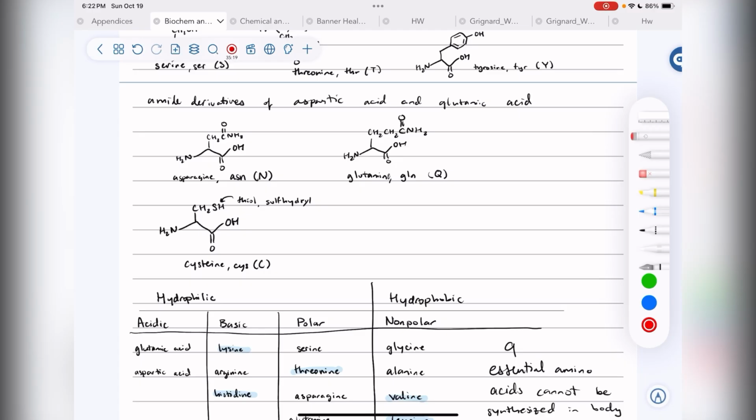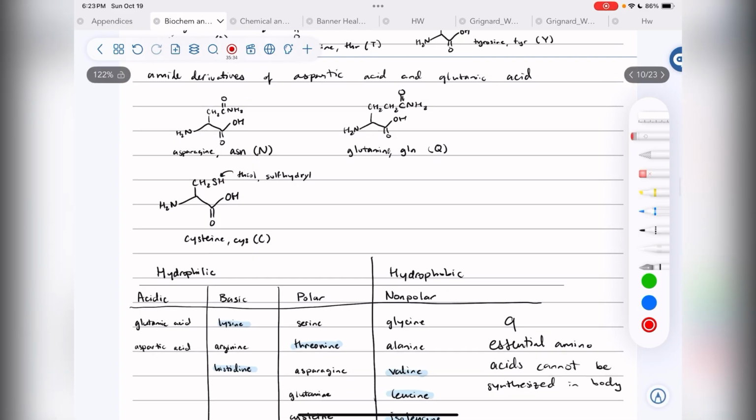Remember, oxidized is either gaining oxygen or losing hydrogen. Reduced is either gaining hydrogen or losing oxygen. And so if they're in an oxidizing environment, they will form these disulfide bridges. Inside of the cell, they have antioxidants, so it's a reducing environment. And so inside of a cell, you won't have disulfide bridges. They'll just be in this form with the sulfur connected to the hydrogen.